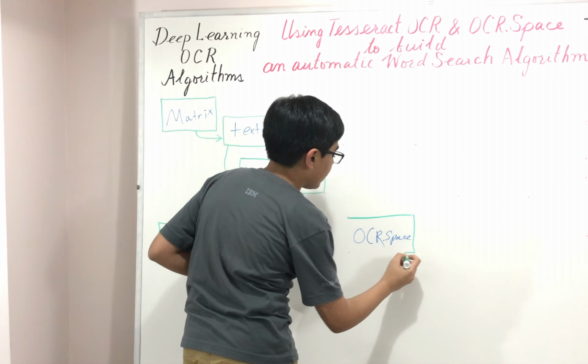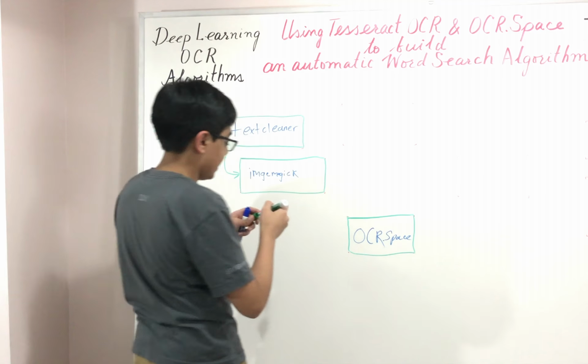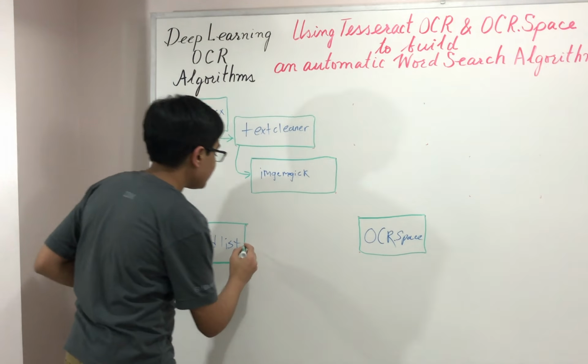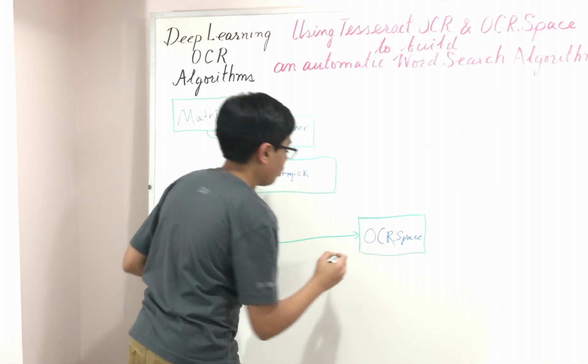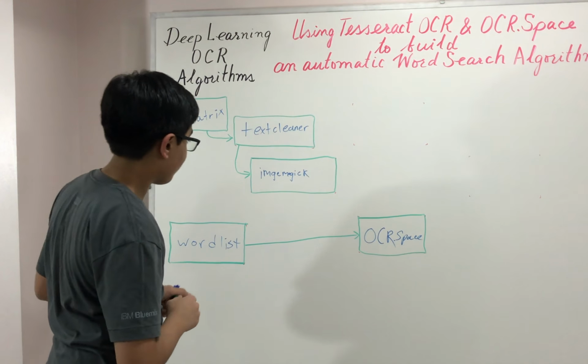That REST API will run their advanced algorithms, and once the word list has been sent through OCR, it will be ready to be sent to the Swift script.